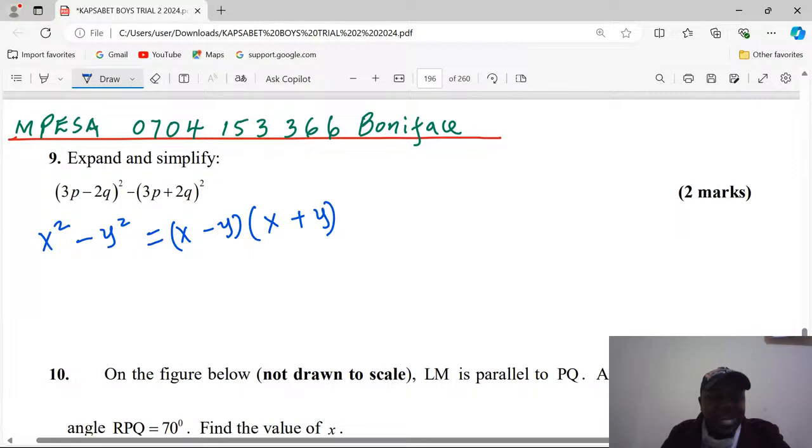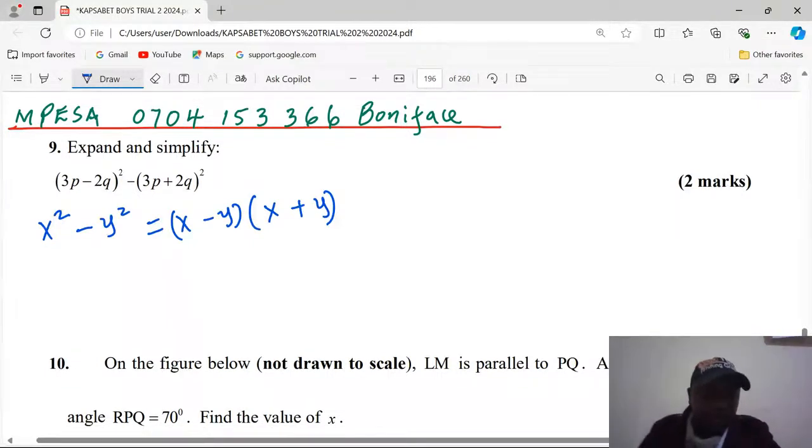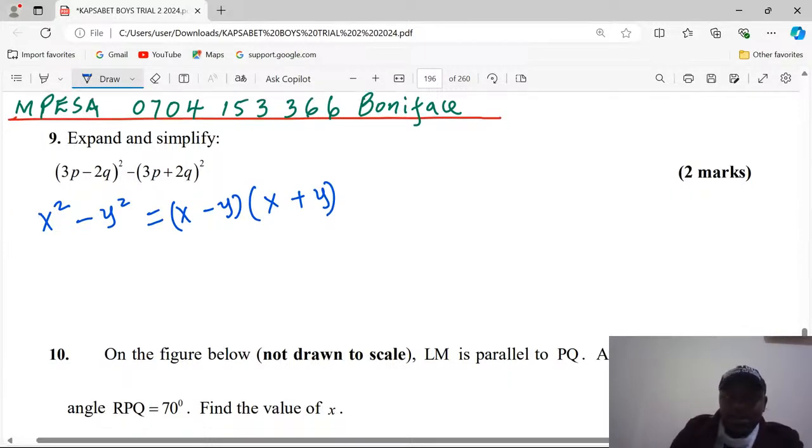Let's apply now this identity. Remember, 3p minus 2q has been squared. Then there is minus 3p plus 2q has also been squared, which means to factorize this, we need the square root of the first term.